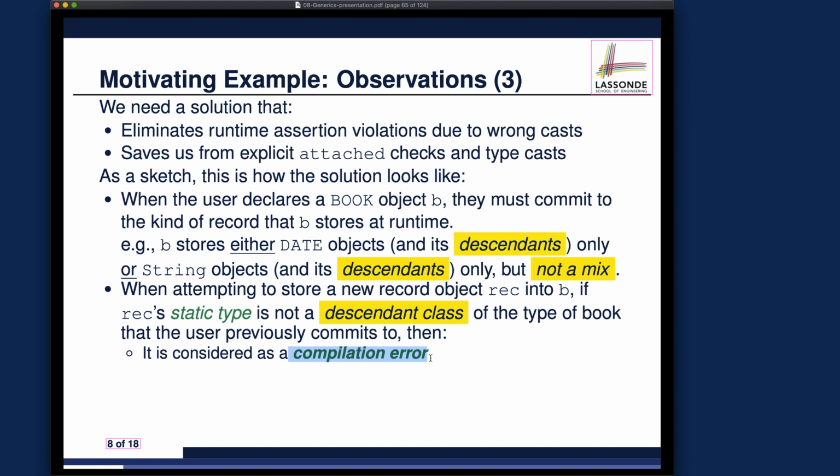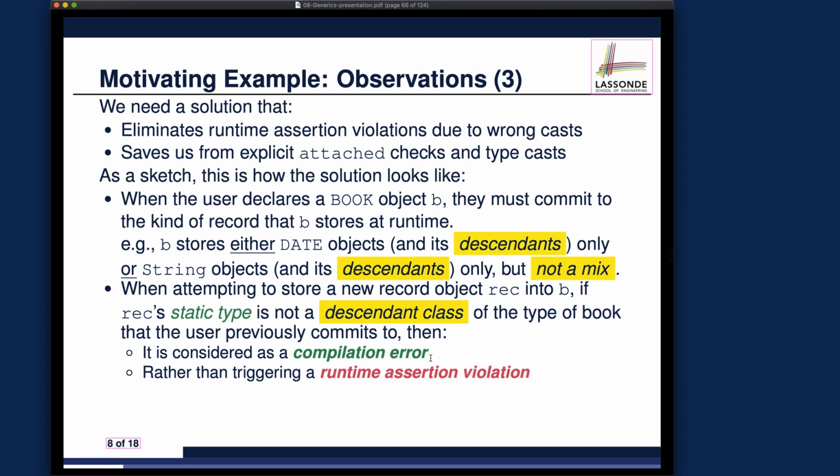I will illustrate this using the original code. Rather than triggering a runtime assertion violation like a class cast exception as we illustrated previously, you can now catch those errors at compile time. That's a fundamental improvement of using generic classes as opposed to an array of any. That's a very critical point, but I will illustrate it in just a moment.